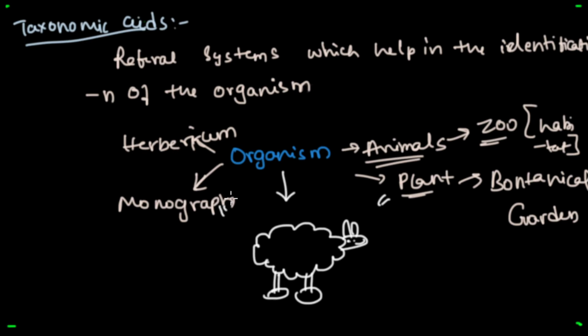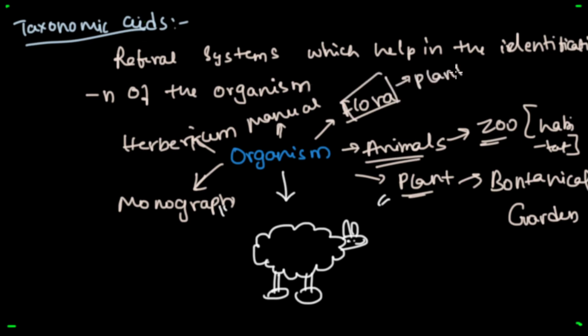Or you can go to a manual, to know from which place this animal is. You can also go to a flora, which is made especially for plants. Or you can go to a museum. This is very interesting.